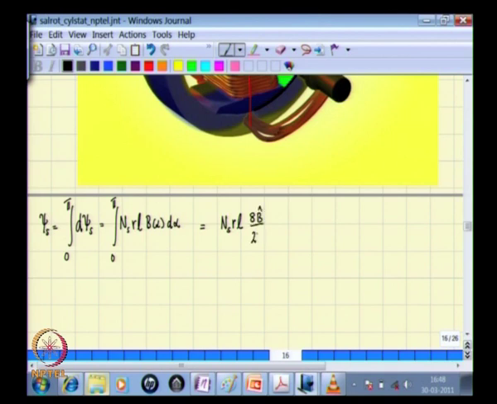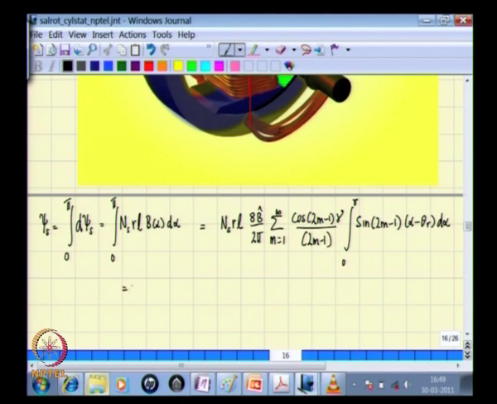These are constants, so we can take them out of the integration, with sigma m equal to 1 to infinity, cos of 2m minus 1 gamma by 2m minus 1, into the integral from 0 to pi of sine of 2m minus 1 into alpha minus theta r d alpha. That is your expression for the total flux linkage, and we need to perform this integration now to get the final expression.